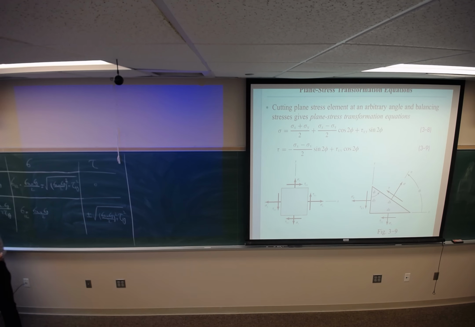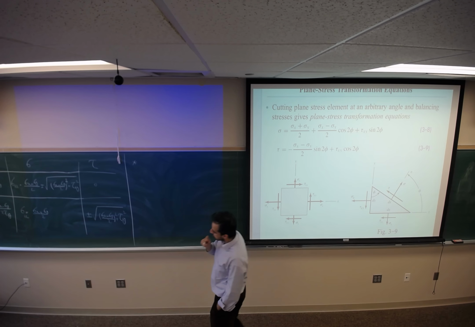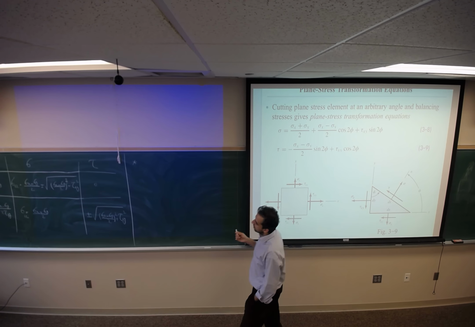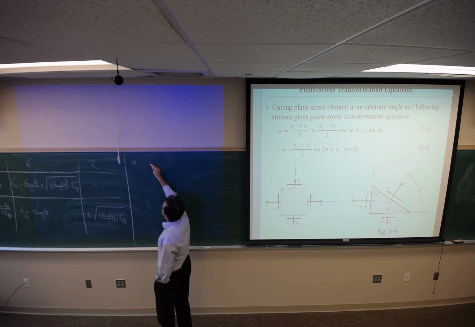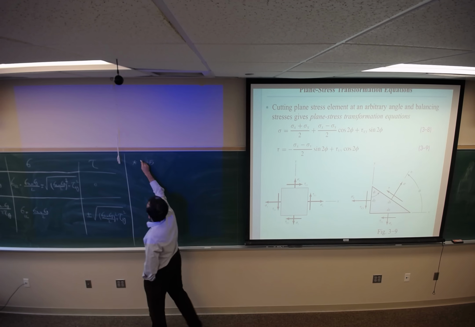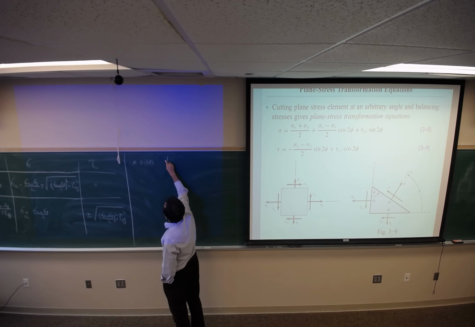All right. A couple of things. First, suppose I consider an angle theta equal to 45. The tangent of 45 is 1.